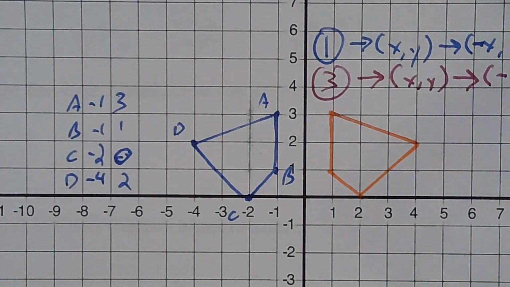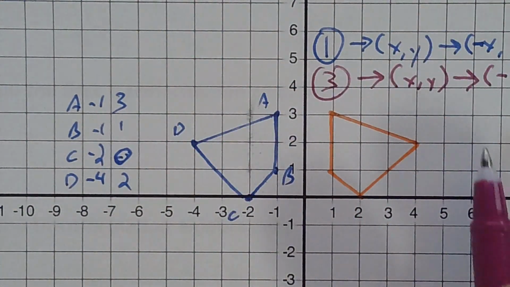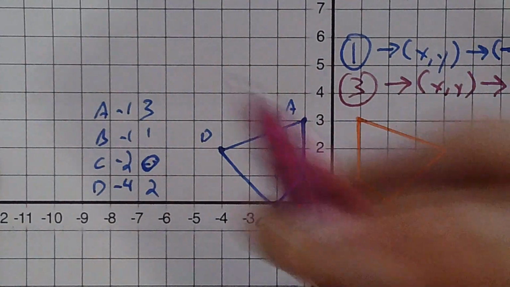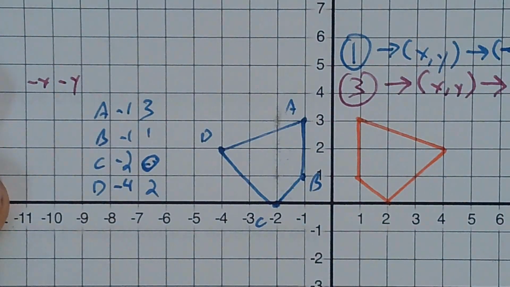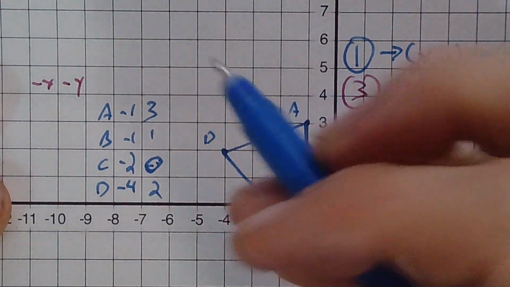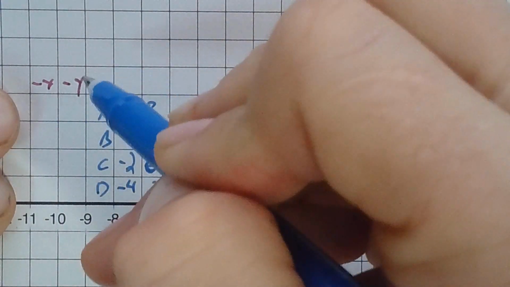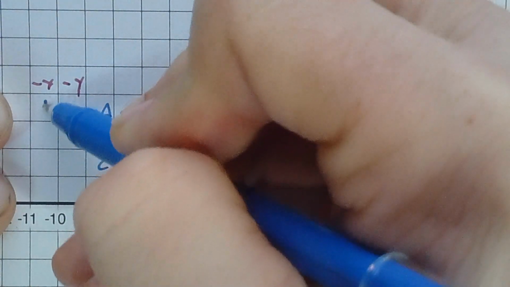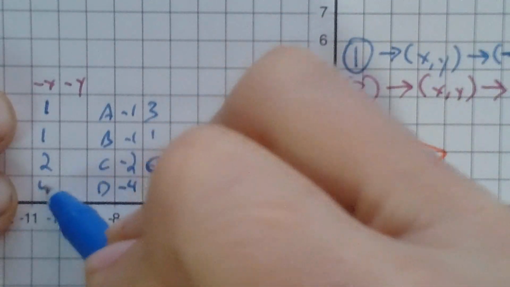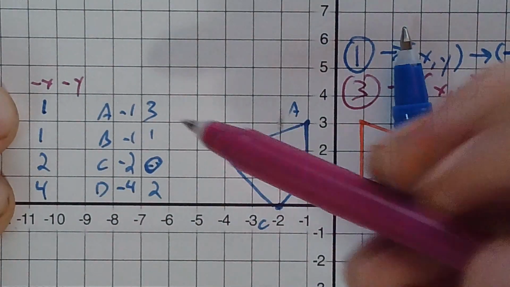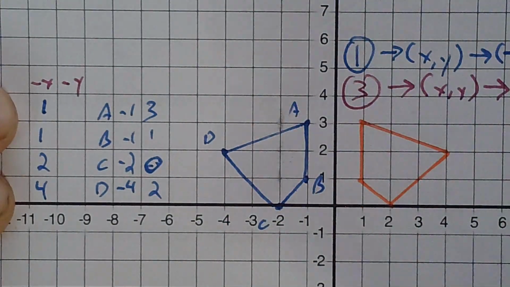Right, so my algebraic expression for this one is going to be -x, -y. Then I'm going to take the x values and change all these to positives: 1, 1, 2, 4. Change all these and flop them around. The signs will become negatives.